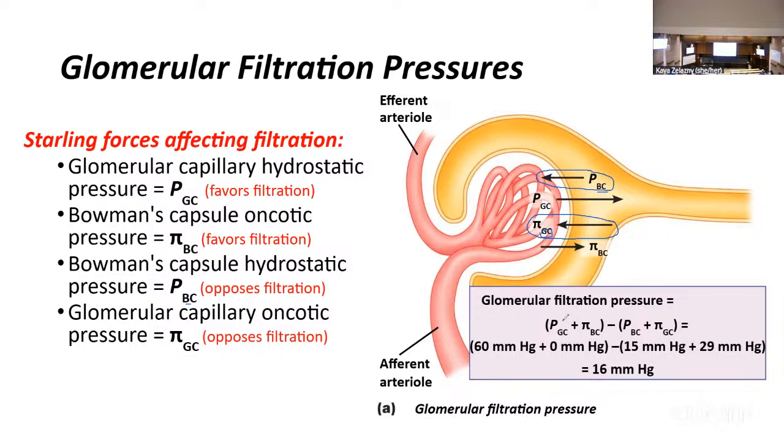So here we're starting out with our forces for filtration, right? So we start out by any arrows going this way, we add them up, right? And then we subtract away anything that's opposing that. So we subtract away those forces opposing filtration. All right, so here's our opposition. Okay, so any arrows that go that way are resisting that filtration pressure.